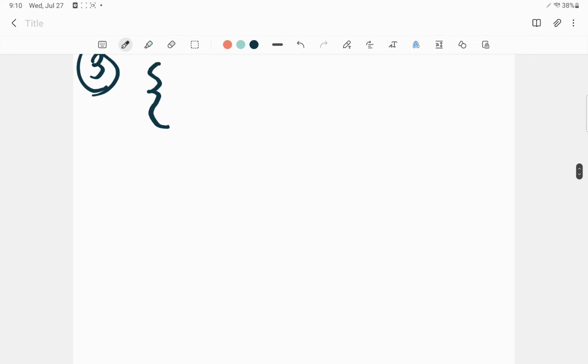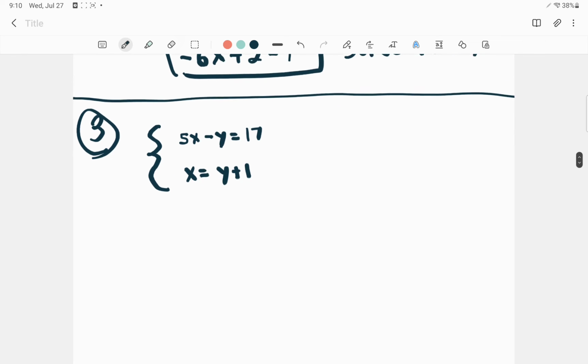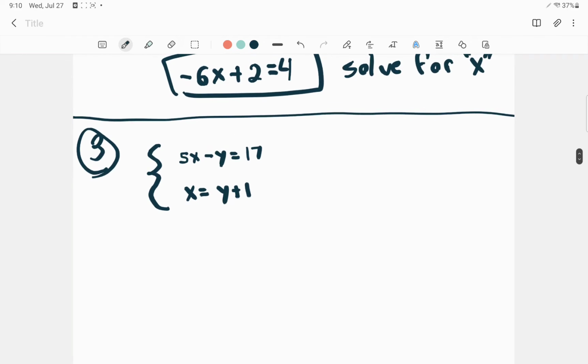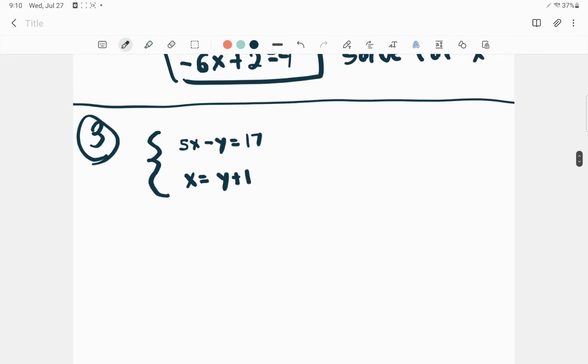So first of all, I'm going to rewrite my problem. Okay, then I have x is equal to y plus 1. For me, this is the way I learned it in school, but I'm going to show you a different way that you can do it.